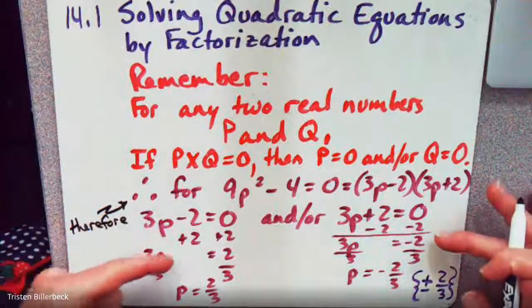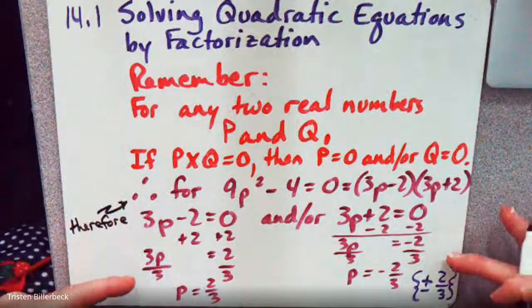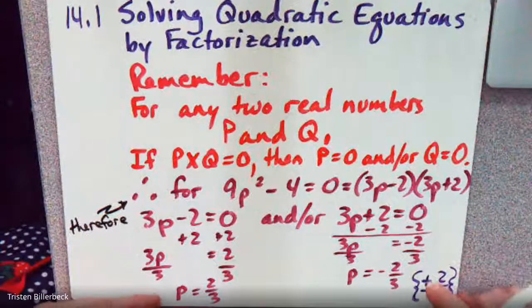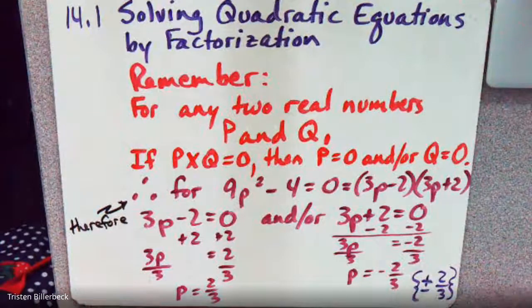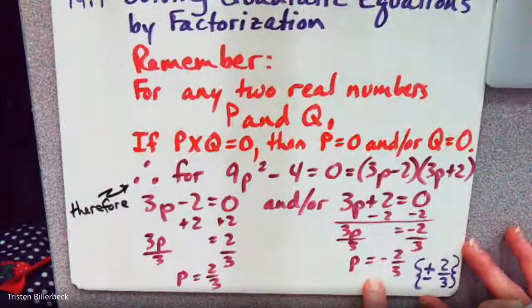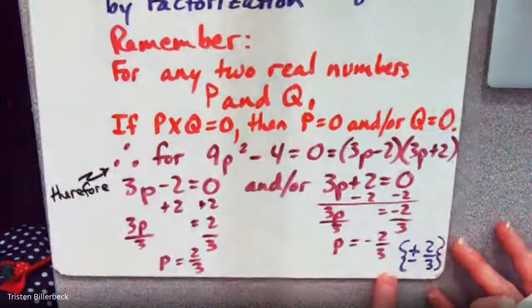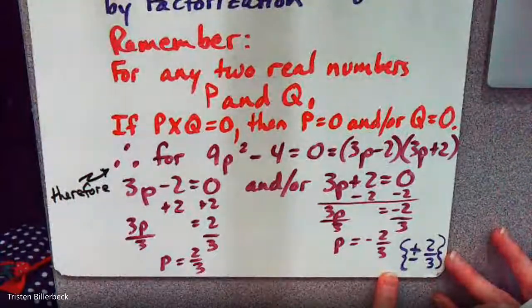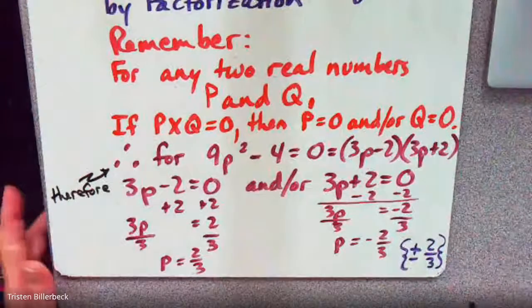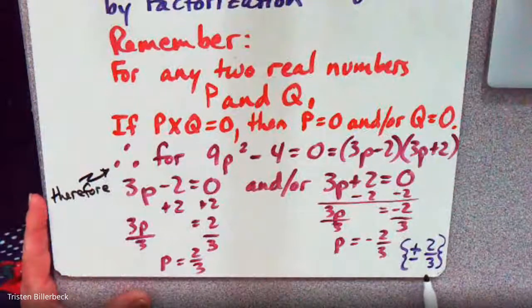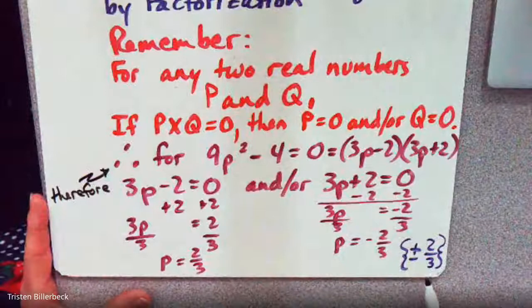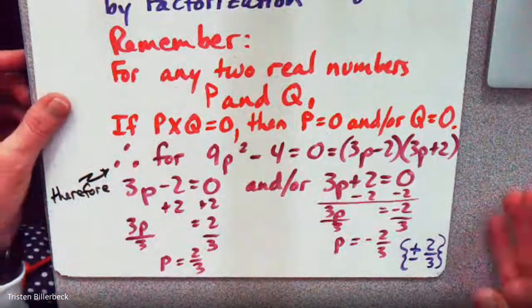When we do additive inverses and multiplicative inverses, we find that p equals plus 2/3 and p equals minus 2/3. Therefore, our solution set is plus or minus 2/3. This is the way that we show plus 2/3 and minus 2/3 very succinctly.